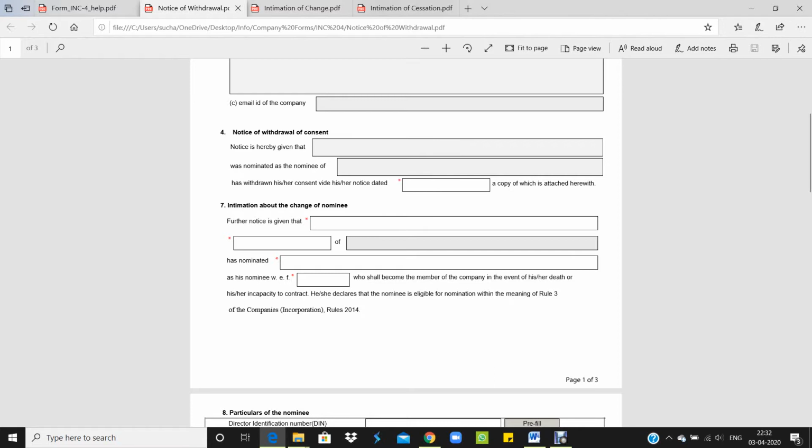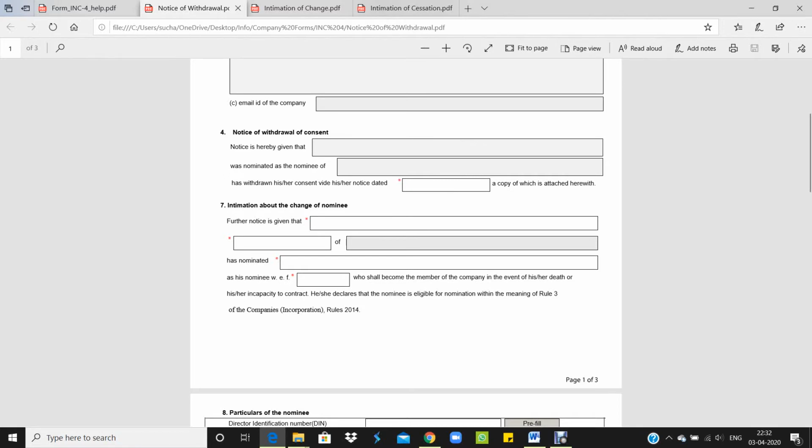So further notice is given by that member, whose nominee's name of the One Person Company has been nominated as his nominee with effect from, who shall become the member of the company in the event of death or incapacity, and declares that the nominee is eligible for nomination within the meaning of rule 3 of the Companies (Incorporation) Rules, 2014.